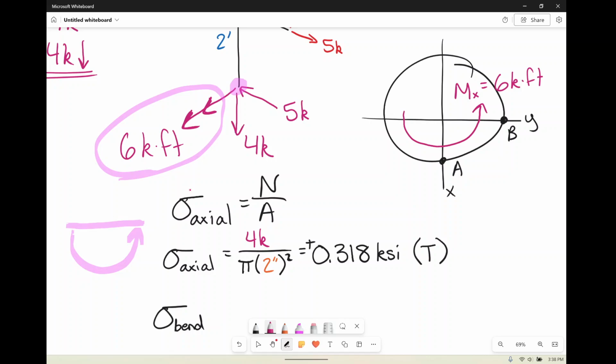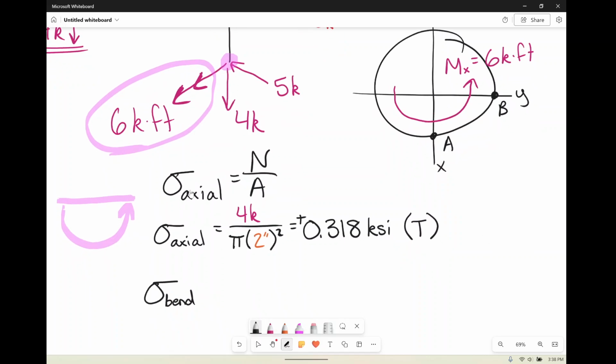Alrighty, so we do have bending. There's no other moments, so obviously we can't have any other bending. So we have our one bending there, and we are bending about our x-axis. So we're going to be having Mx here, which our Mx was 6 kip feet, times the distance from the point to the neutral axis of bending.